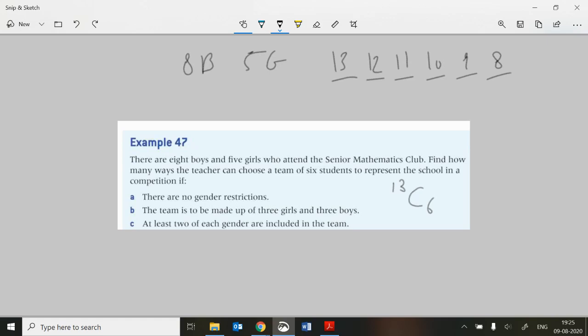That means if we did 13P6, then we'd need to divide that by 6 factorial to get 13 choose 6. It's obviously much easier just to say choose 6 from 13, but it does work with picking there, we're just going to divide by the 6 factorial different ways those 6 people can be ordered.